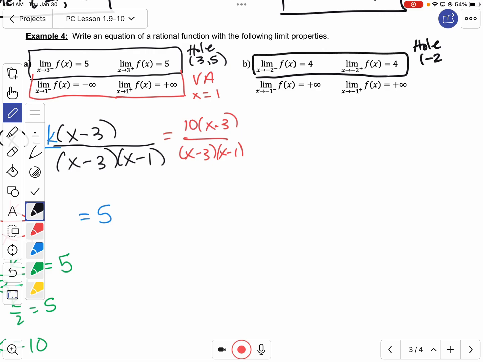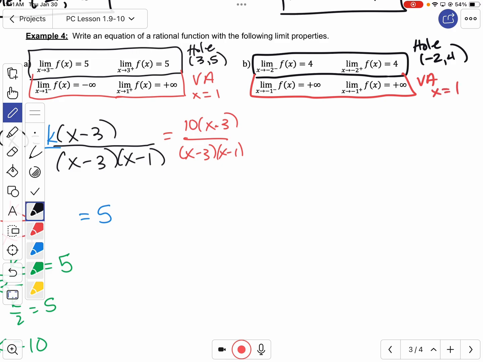And it happens at negative 2 comma 4. Now, limit as x approaches negative 1 from the left and the right, and I get infinities as an answer. What is that going to represent? Vertical asymptote. Okay, so I have a vertical asymptote at x equals 1.